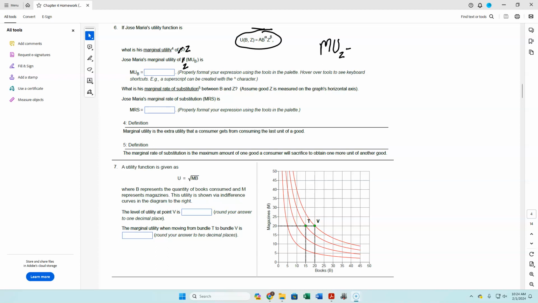So MUZ, now again, I would use the exponent rule here. So I would have beta A B alpha Z beta minus 1. And that's just using the exponent rule.